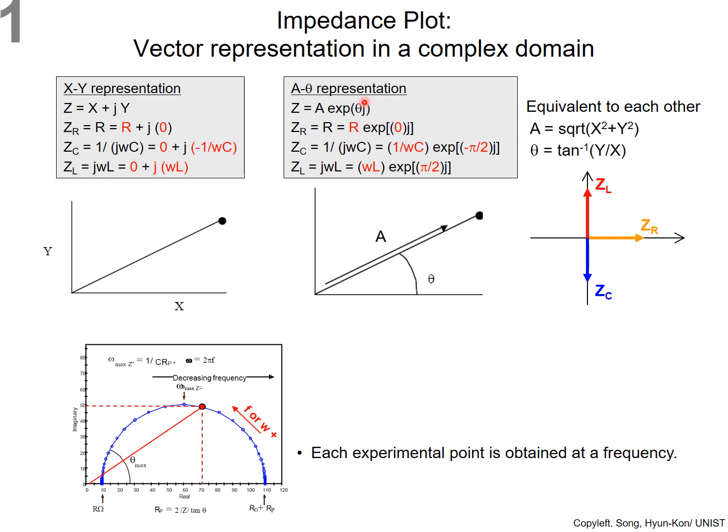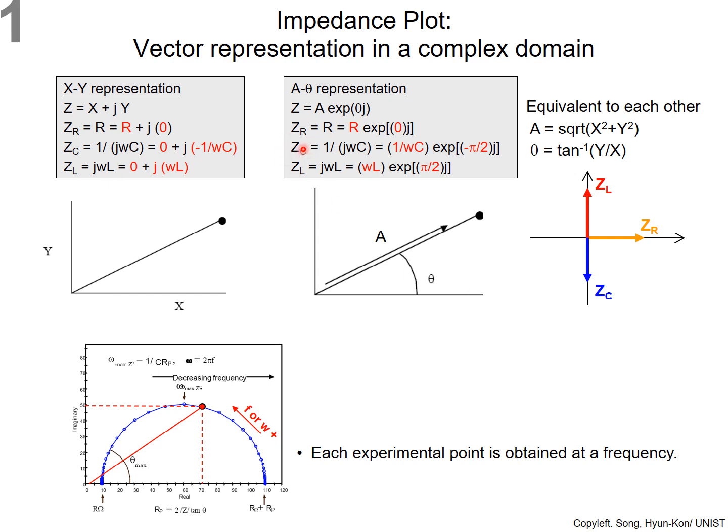And how about the resistance? The impedance of a resistor is equal to the resistance, as you know. So it can be described by the amplitude equal to R and the phase angle 0. Phase angle 0 indicates the point is on the x-axis.